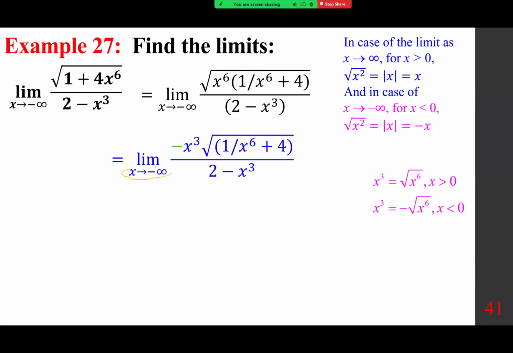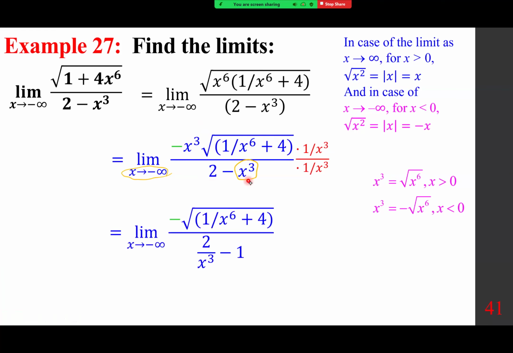because x is approaching negative infinity, we divide by the highest degree term in the denominator as follows. So what happens is, this just drops. You get the square root with a negative in front of it. This becomes 2 over x cubed. This becomes -1.